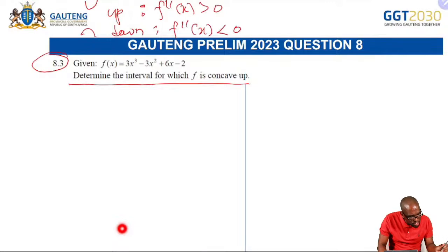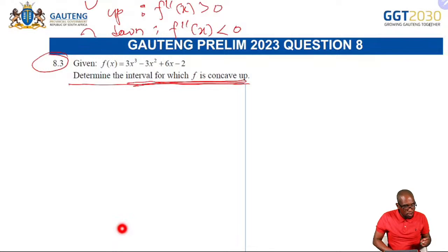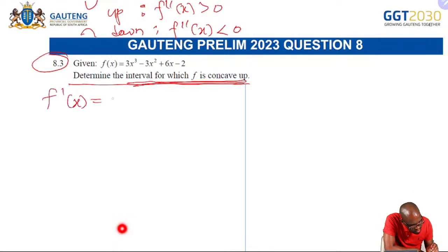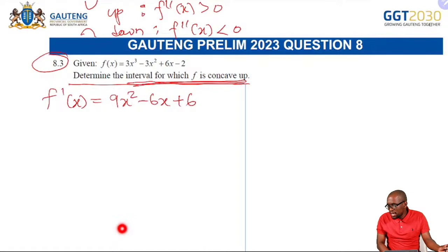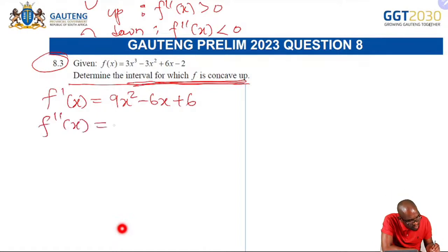So we need to first find the first derivative, which is 9x squared minus 6x plus 6. And then from there, we find the second derivative, f double prime of x. This would be 18x minus 6.